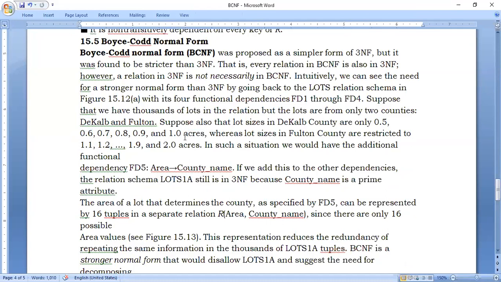So up to 1 acre, whichever lots are there, that means all small plots, belong to DeKalb. And the plots of bigger size all belong to Fulton. This is just the assumption we are making to understand this particular normal form. So when we know the plot size, or the area, we will definitely know which country it belongs to.